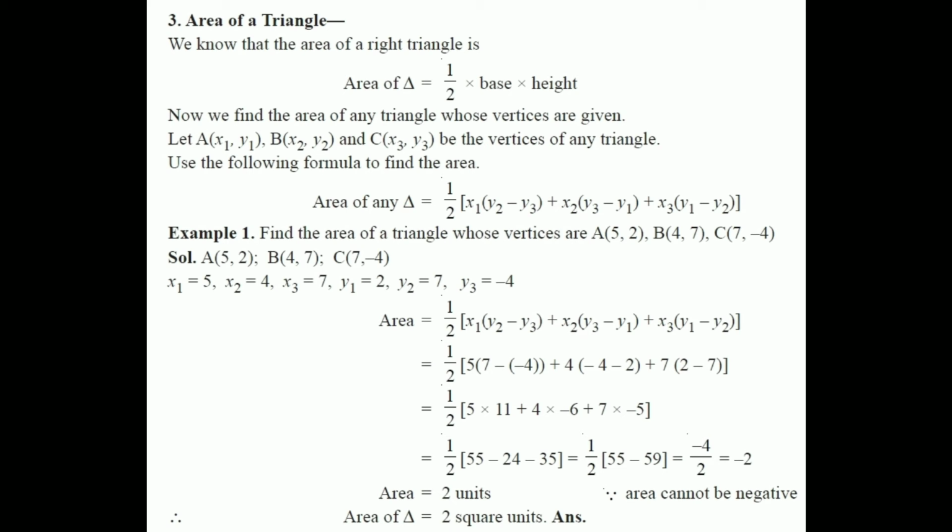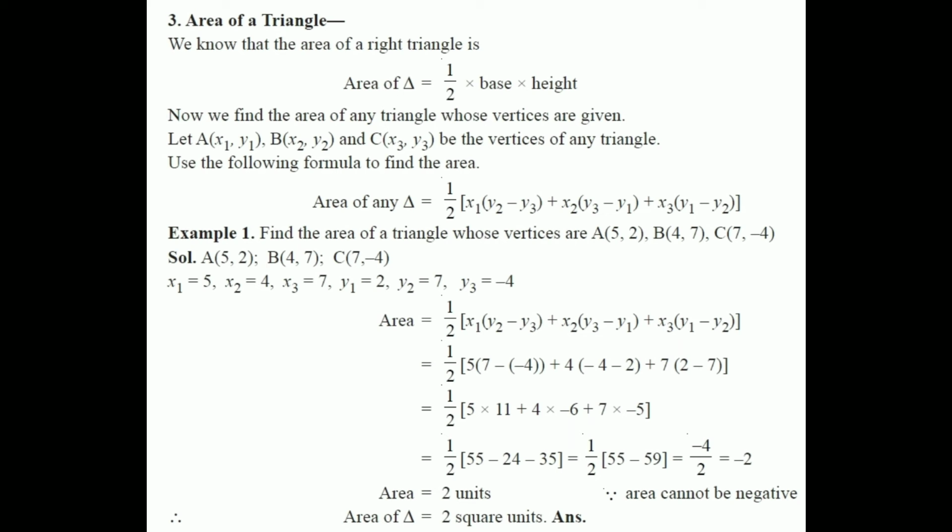These are the values we have already written here. It is equal to half outside the bracket 5 into 11, 7 minus 4 becomes 7 plus 4. So it is 5 into 11 plus 4 into minus 6 plus 7 into minus 5.